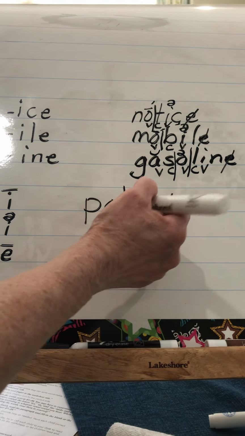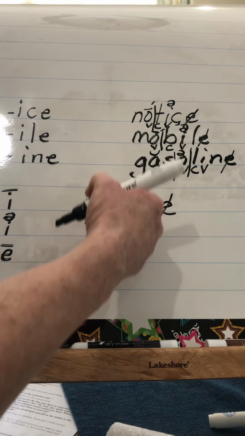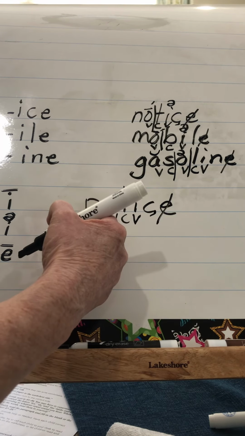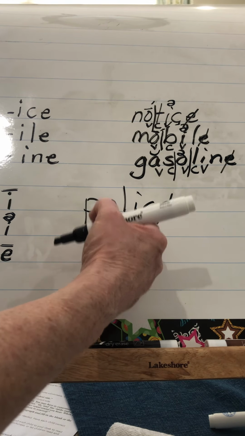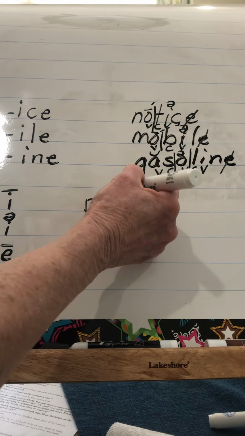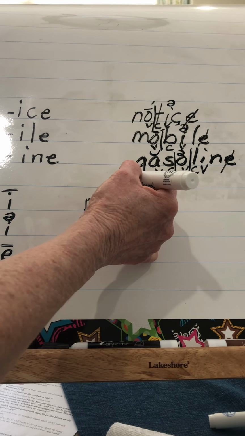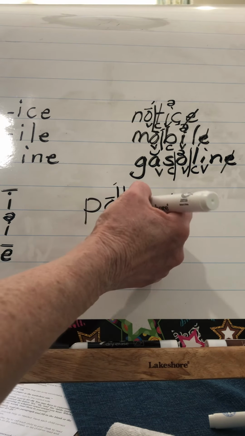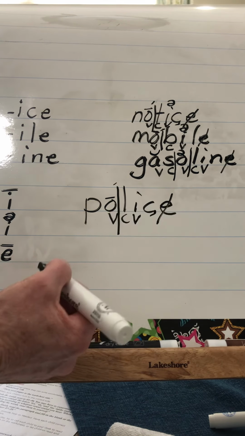And I'm going to either have to draw a line here or here. Now I have, if I do it here, it's police. If I hear it's police. And that makes sense. The police, police. Now, police. You're hearing the E sound here. So again, you're not going to code that I.